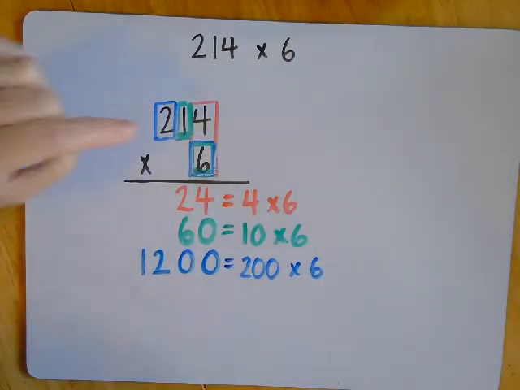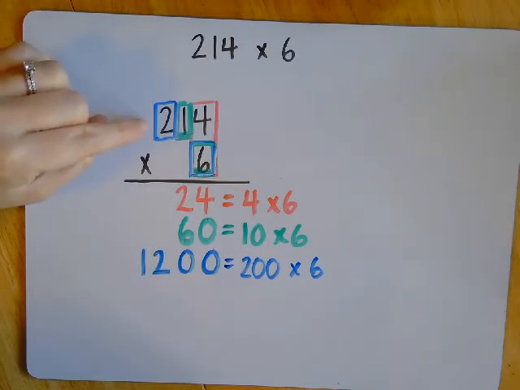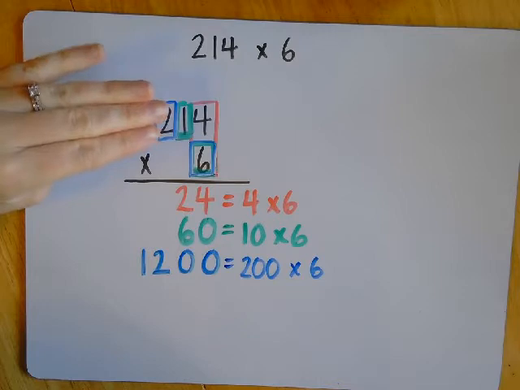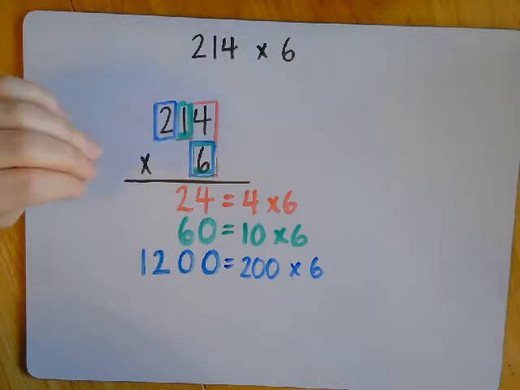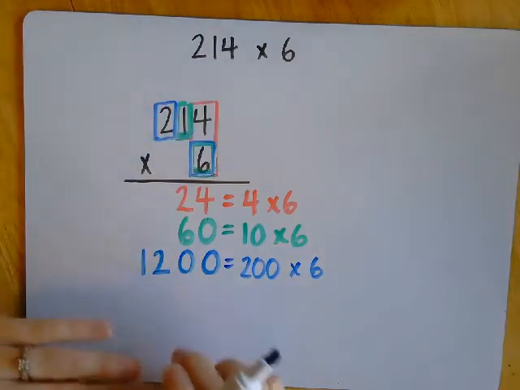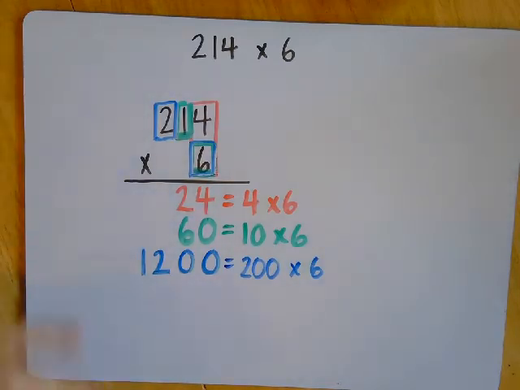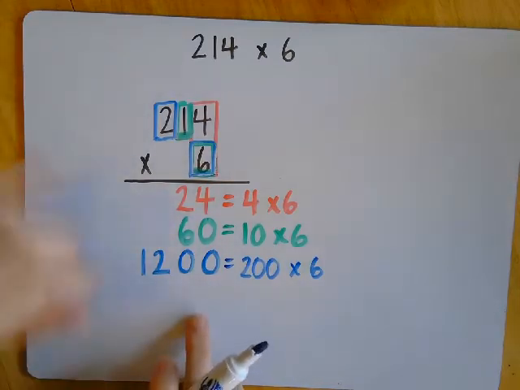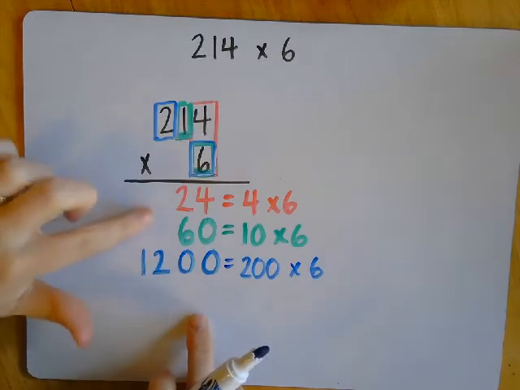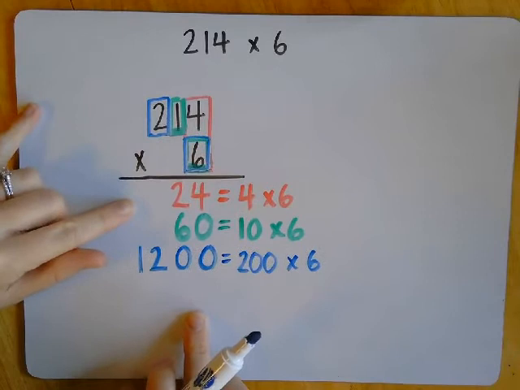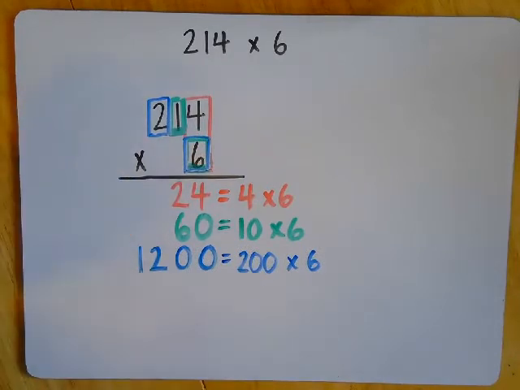And it's really important that we understand the place values and how each of these partial products fit in with one another. So I'll show this again using a different problem, but I wanted to lay it out in a different way because this will look really similar to the standard algorithm, and that is what we are going to be moving toward as you are entering 5th grade.